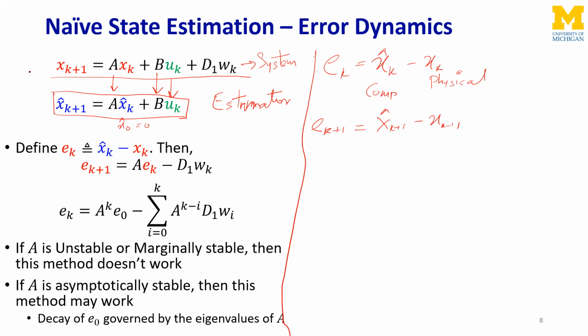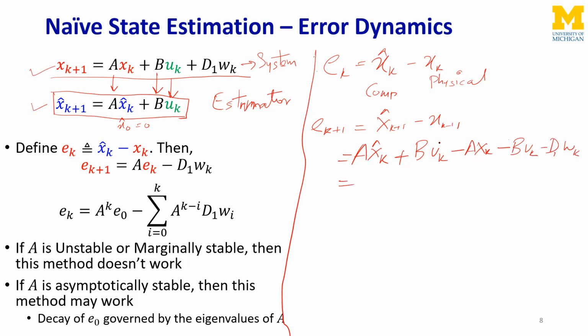And using these two equations, this one and this one, we can actually find out that ek plus 1 satisfies this equation that I'm about to get. Okay, so I'm going to write the first one here, minus Buk, minus D1 wk.